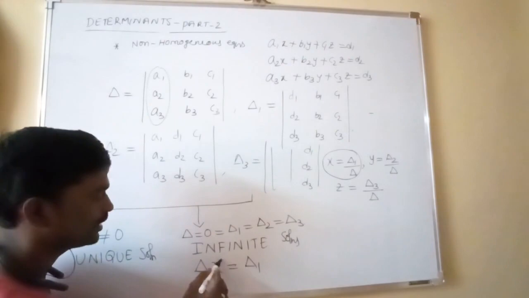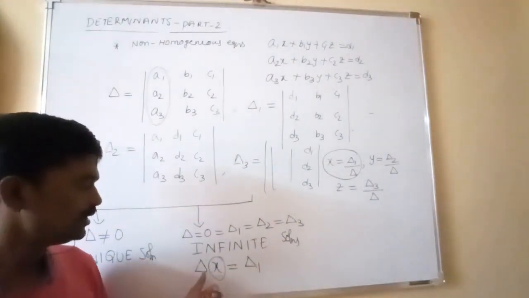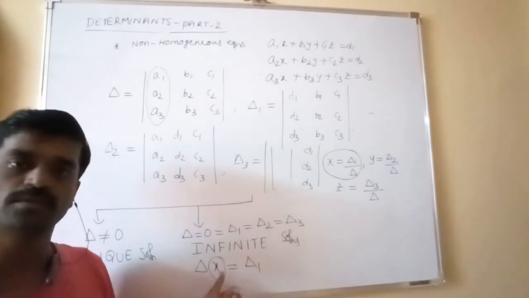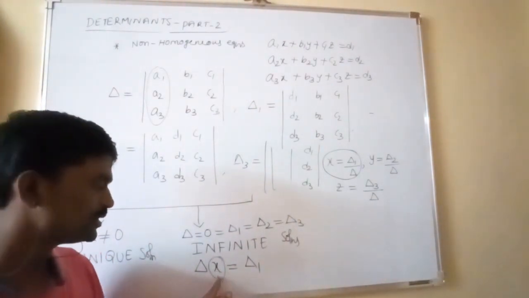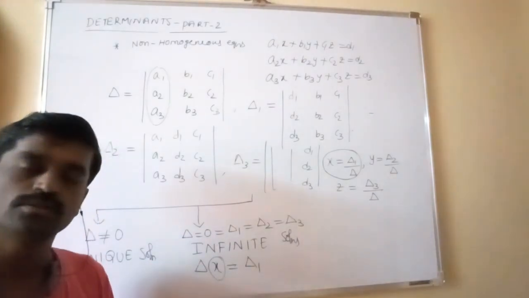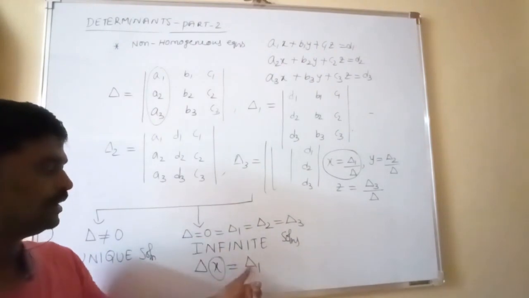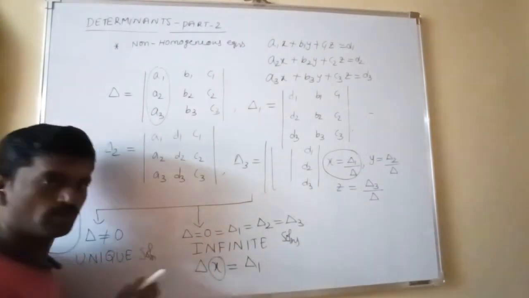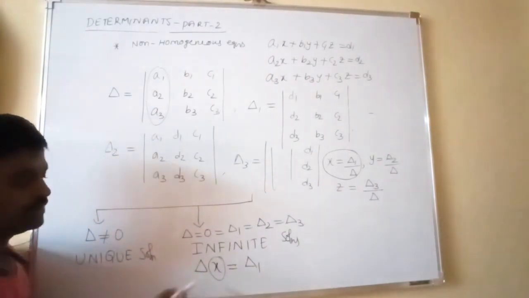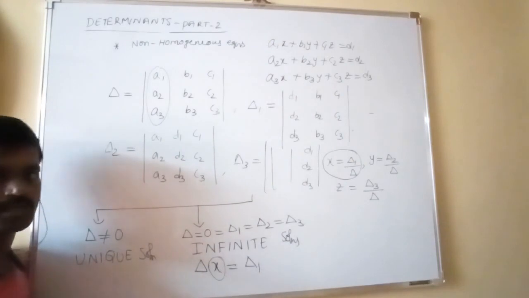Here we need to find the x value. So 0 into which number is equal to 0? 0 into any number is equal to 0 only, because delta value is 0 and delta 1 is also 0. So instead of x, if I substitute any number, then this equation is satisfied.